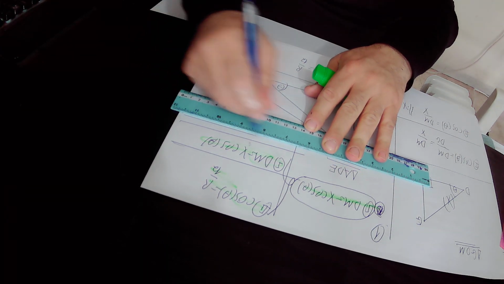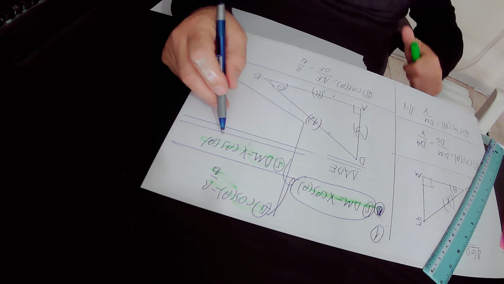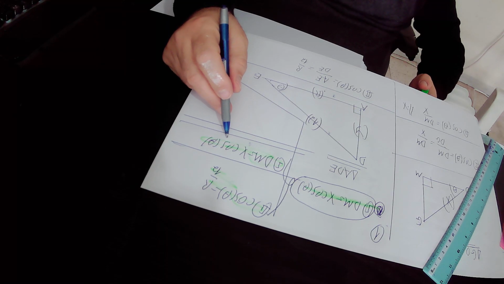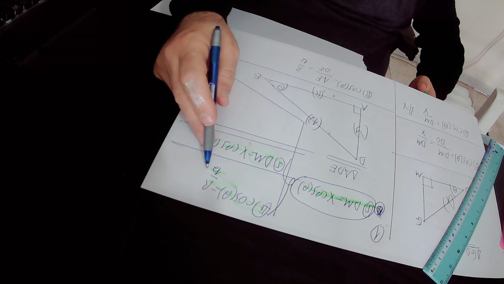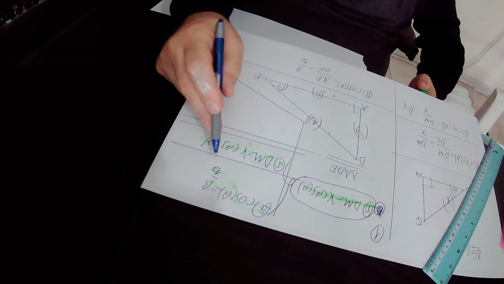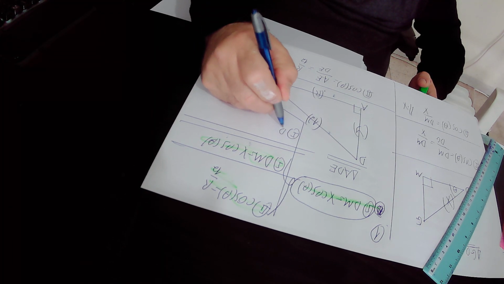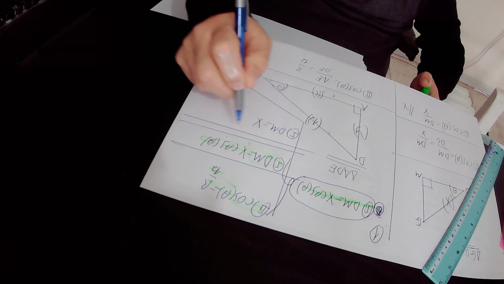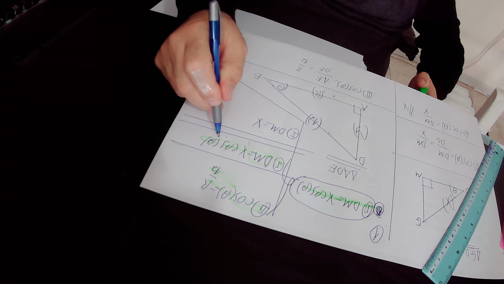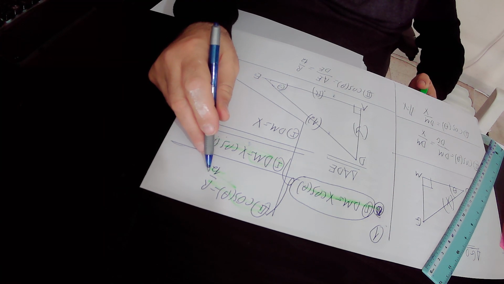Now we can substitute cosine theta in equation 1 by R over 12 from equation 2. We get that according to equation 1, DM equals x times cosine theta, and cosine theta is R over 12 according to equation 2.